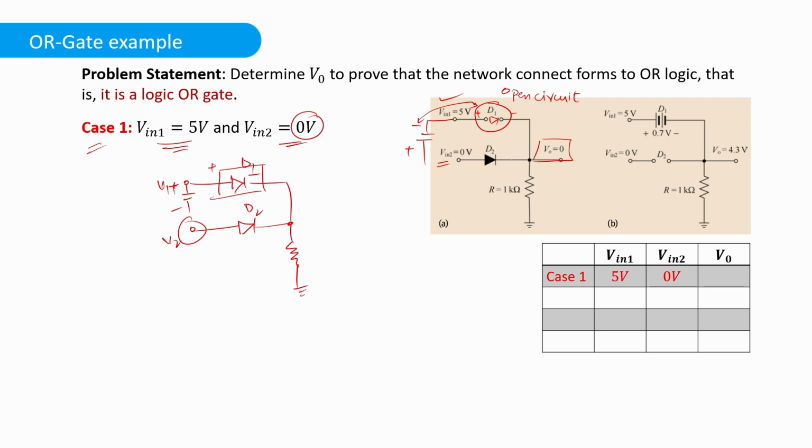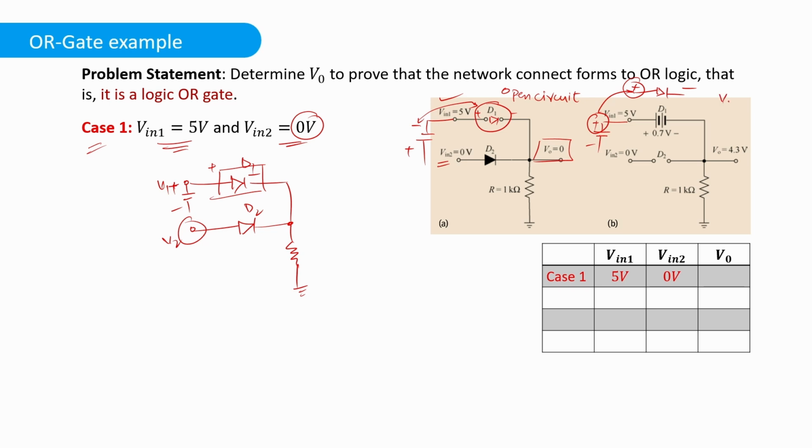What happens when we have a forward bias condition? When this terminal is connected with the positive terminal of the battery. So in that situation, our diode will be in the forward bias. We will have a diode over here. If you recall the figure from the previous slide, it will be in the forward bias because positive terminal will be connected with the positive terminal. So in that situation, there will be a voltage drop across the diode.